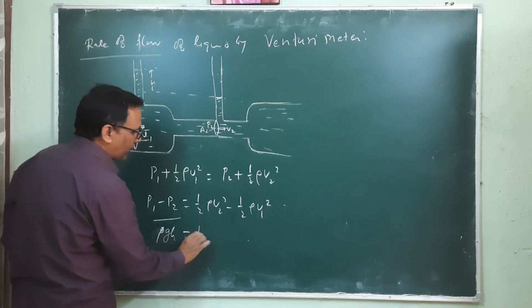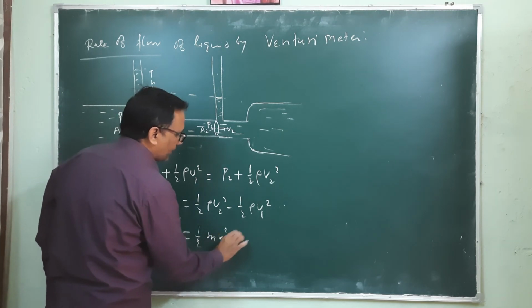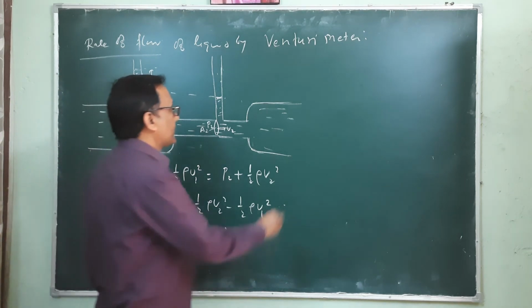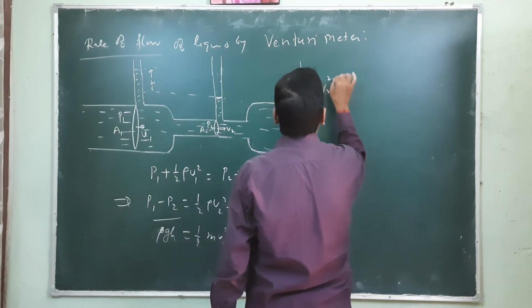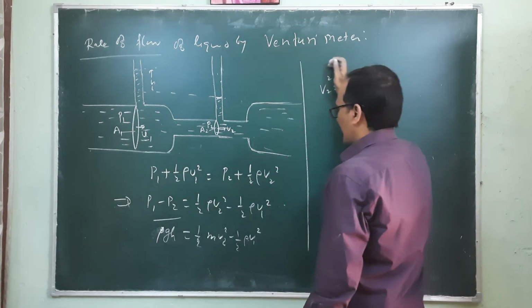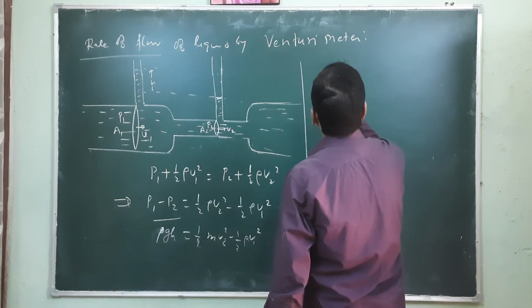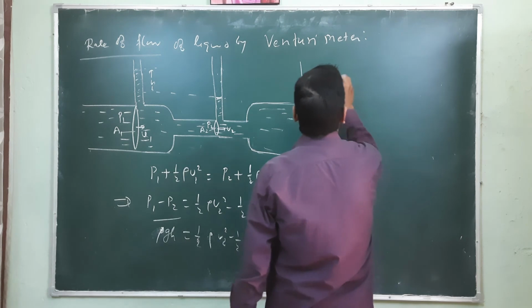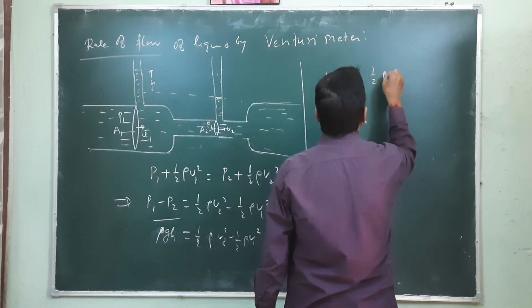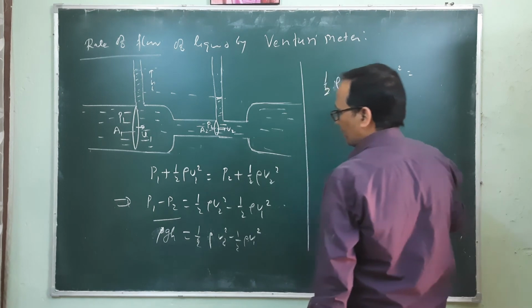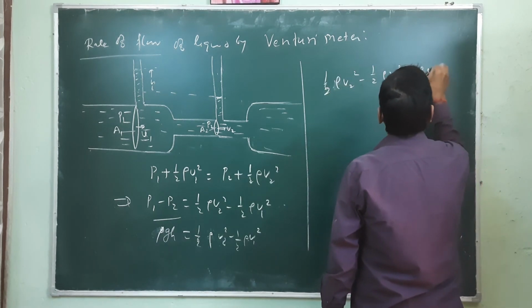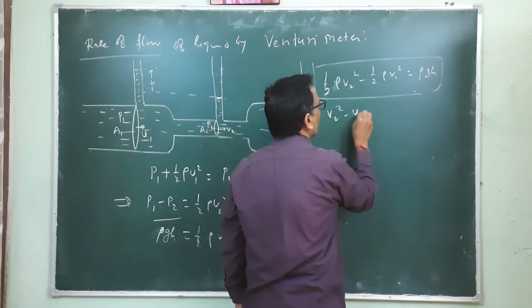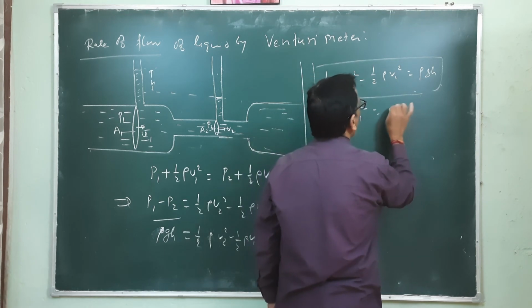So rho GH is equal to half rho V2 square minus half rho V1 square. So rho can be cancelled, and 2 we can shift here. This equation is one uniform equation. You can avoid this rho, and V2 square minus V1 square can be written as equivalent to 2gh.